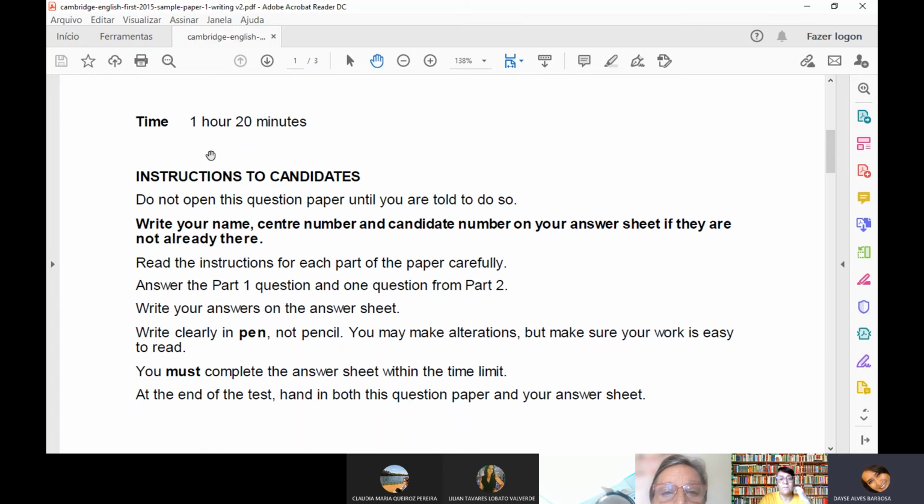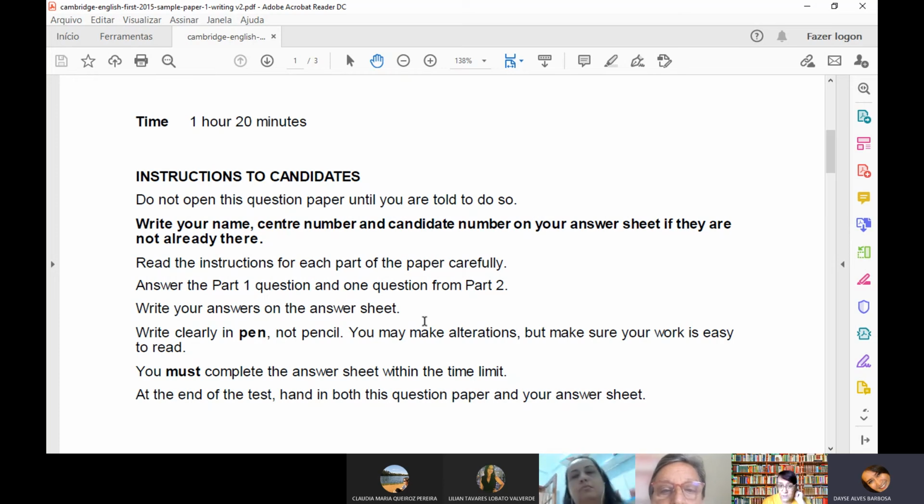hour, okay, the time, because the rest is always the same, except for here, you can see clearly in pen. So for the writing paper, you have to use a pen. You may make alterations, but make sure your work is easy to read. It's what usually our students say. Not necessarily us English teachers, but the ones that write composições, no? Produção textual for the other teachers, they are said not to erase, not to change when they do the test.